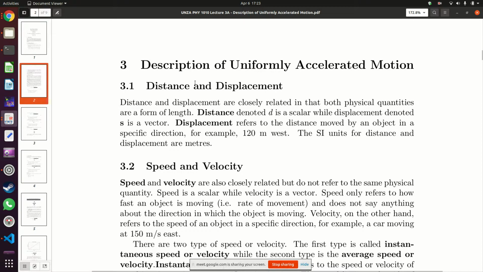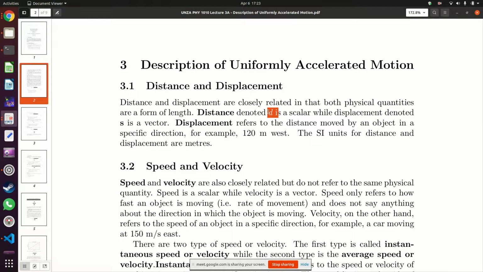So the first thing we're going to look at when you're talking about motion is the length which has been moved by an object in a certain amount of time. So the length moved by an object, that's what we refer to as distance or displacement. In the case of distance, which is denoted d, distance is a scalar. It does not have direction.